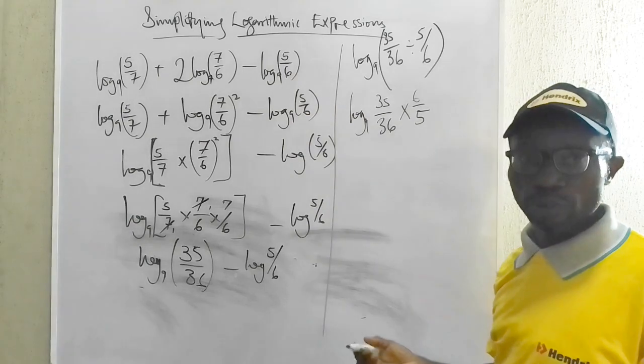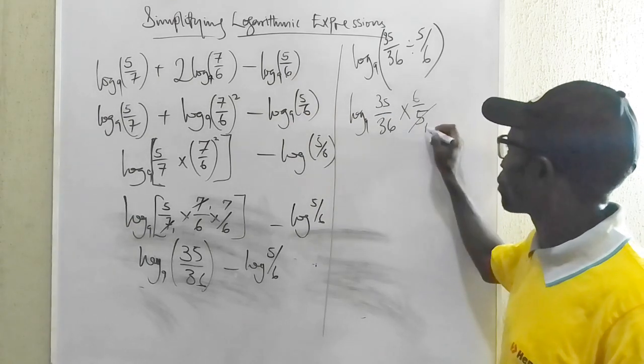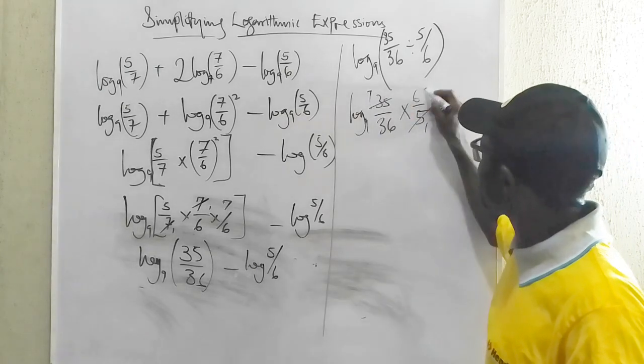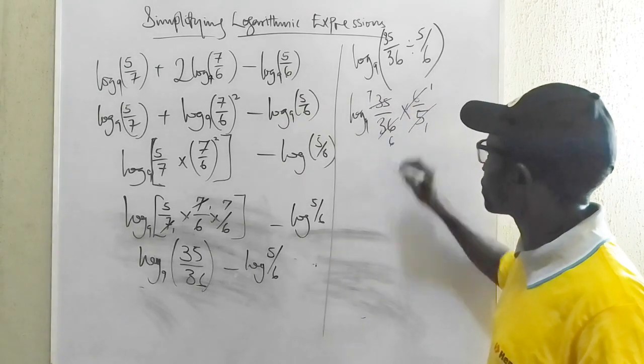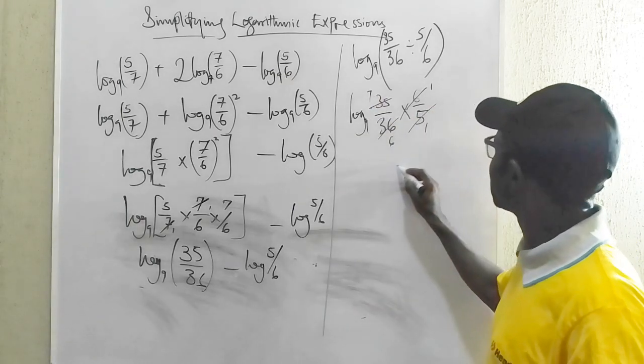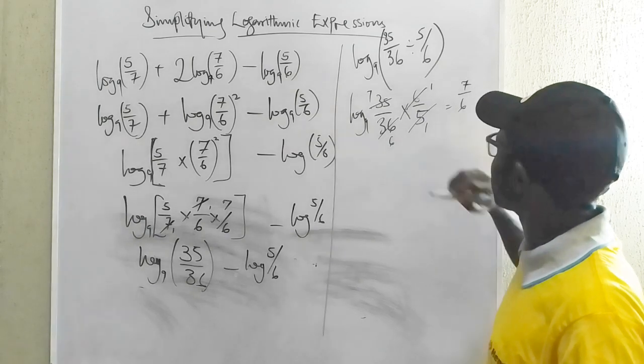So can anything go? Let's see. 5 can obviously go into this: 5 here 1, 5 here 7. And then 6 can go here: 6 here 1, 6 will go here 6 times. So what do we have? 7 times 1 is 7. 6 times 1 is 6.